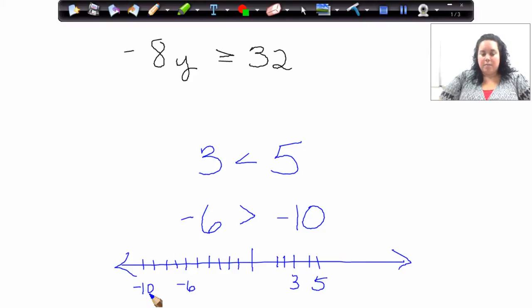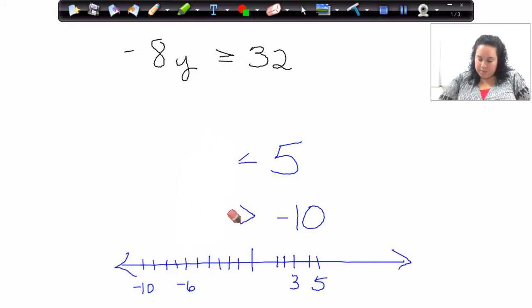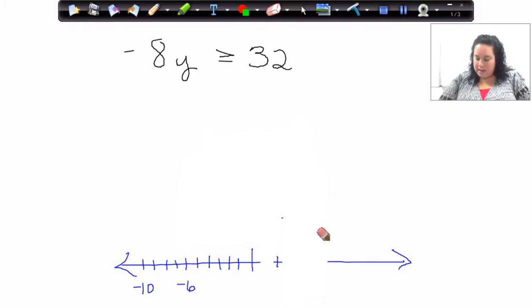So multiplying and dividing by a negative number switches the order of things, okay? It doesn't switch the absolute value, but it switches the order, whether it's left or to the right. So we have to be careful about that. Okay, so we flip the sign whenever we multiply by a negative or divide by a negative.